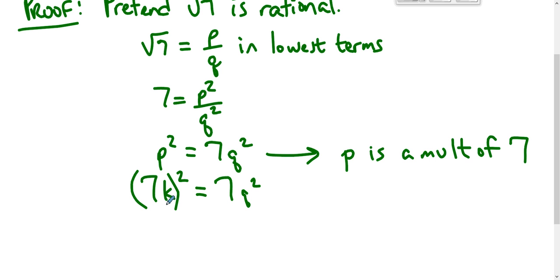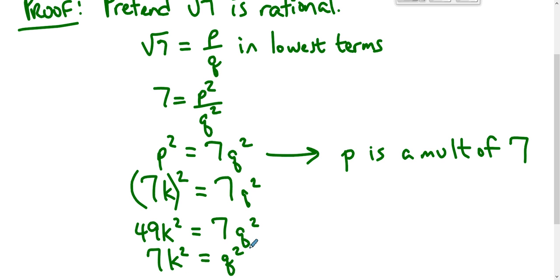And if p is 7 times some integer, then this is true. And if my algebra is right, then this is true. And now we run the exact same argument on the other side. When these two numbers are equal, 7k squared is the same as q squared.